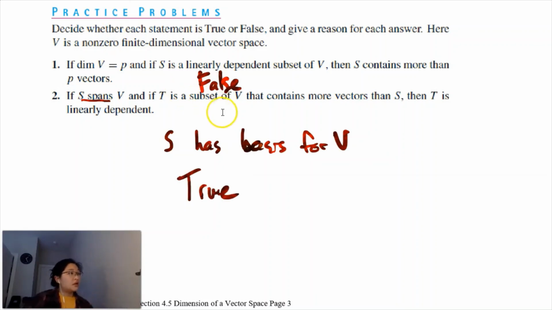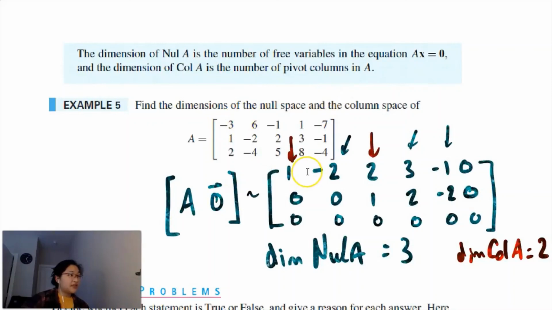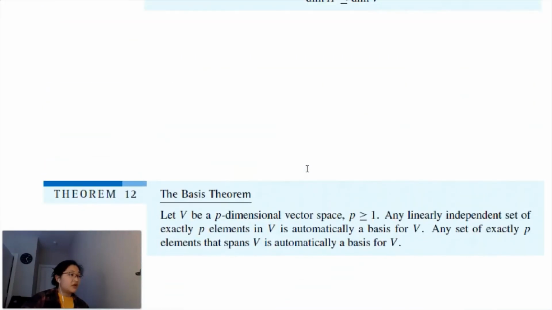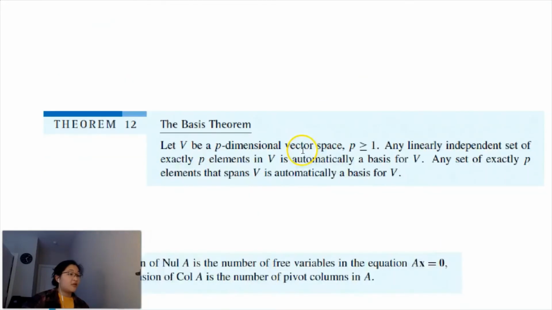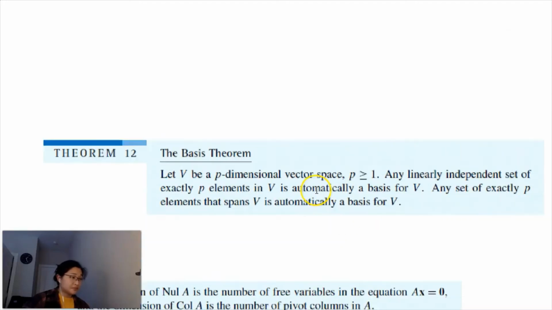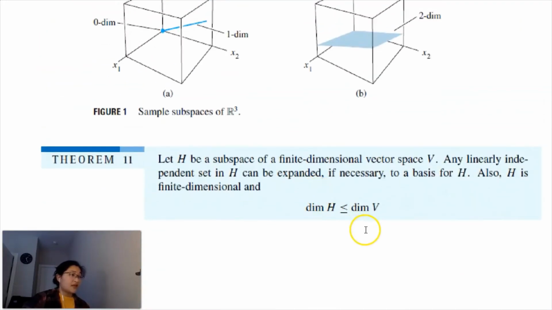Alright, so what did we think about? We thought about dimensions of our different spaces. We have the basis theorem for how many vectors form a basis. We have the dimensions of subspaces and finite dimensional vector spaces.